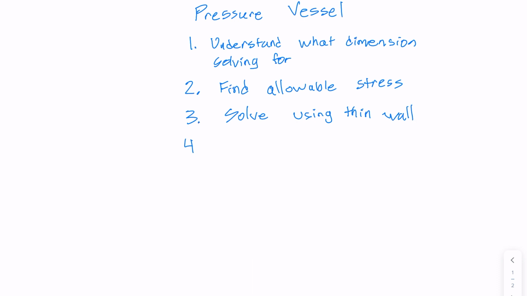Then once I solve it, I will check the thin wall assumptions, so that I make sure that solving using the thick wall or the thin wall assumptions is a valid choice. And from there, I can double check my work and I can be done with this pressure vessel design case.